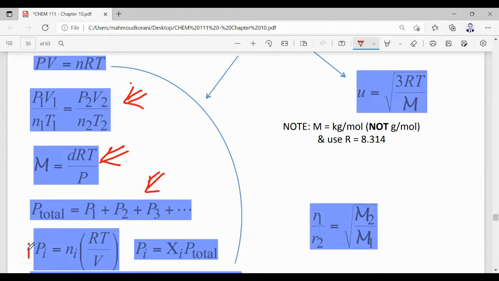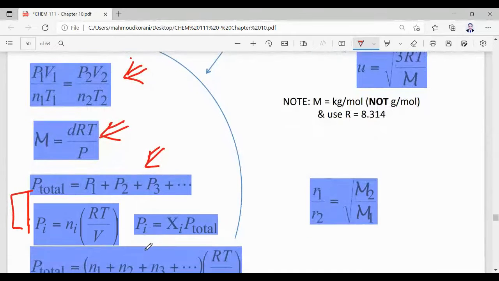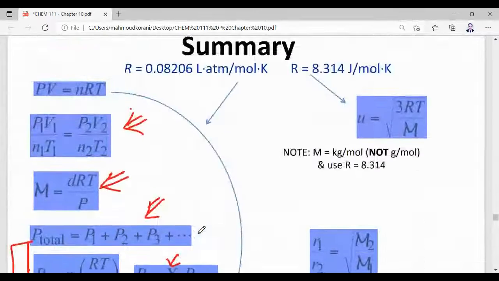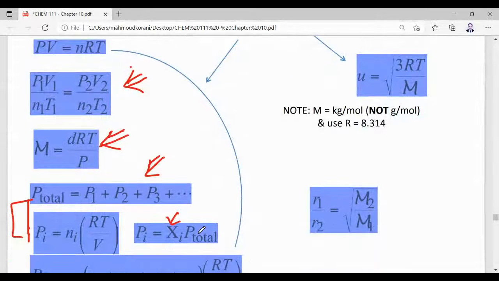Dividing this equation by this one, you end up with the partial pressure of any gas equal to its mole fraction times the total pressure. And Graham's law of effusion: the ratio of rates between two different gases is given by this one, where if one is here, it should be down here.